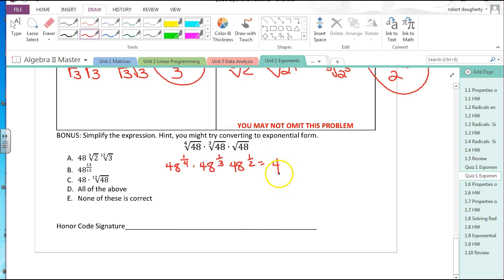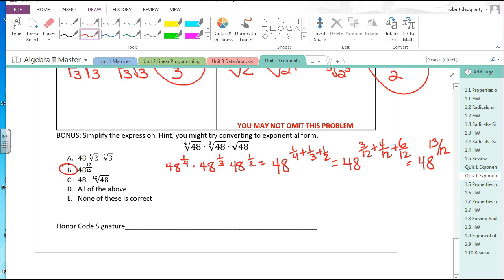I add those exponents. 1/4 plus 1/3 plus 1/2. Common denominator is 12. So this is 48 to the 3/12 plus 4/12 plus 6/12. This is 48 to the 13/12.